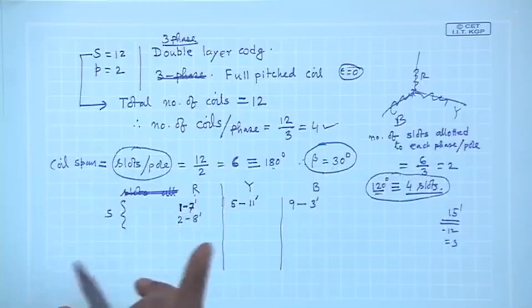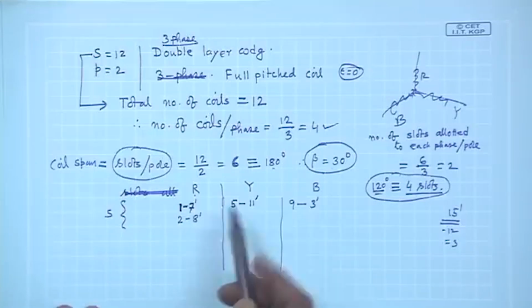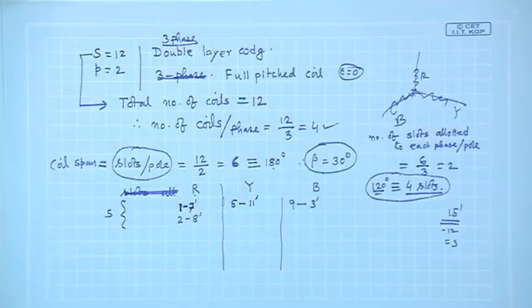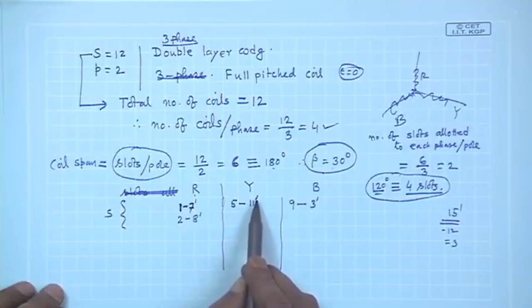So, you add 1 plus 4, you get 5, but coil span, each coils are identical. We are calling it by different names, that is a different thing, but coil span is 6 only. So, it will be 5 11 dashed.